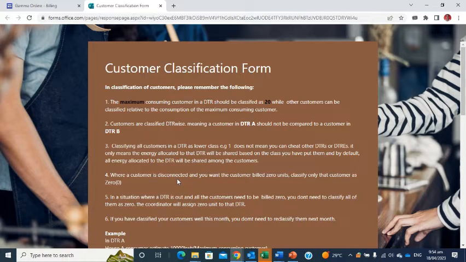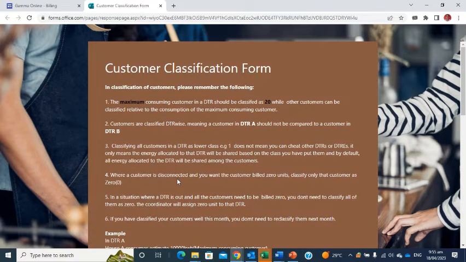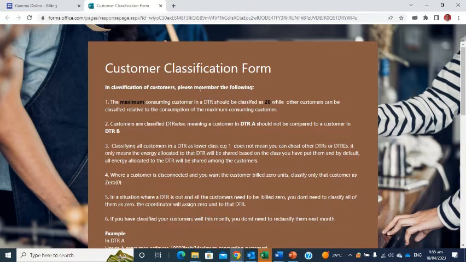That customer is classified as the maximum consuming customer in that DTRO. Please take note, I always use the word DTRO because the idea is customer classification DTRO wise. So when you have this idea, it will make your classification easy. When you click on that link, it will take you to this classification form, and I also did some explanations here, which will aid your understanding of what customer classification is all about.